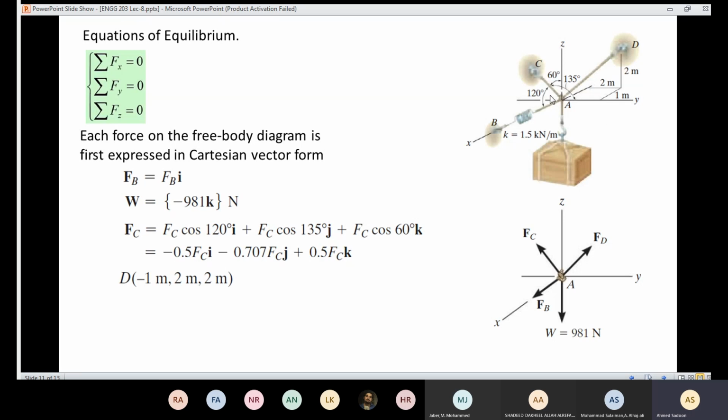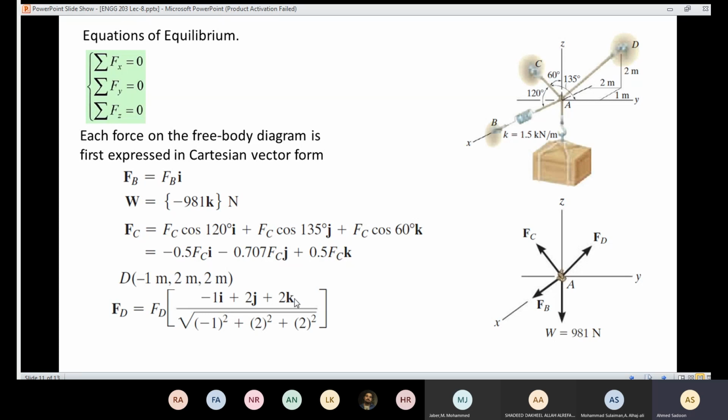So in order to express the force AD as a vector, I need to know the coordinates. The coordinates here are -1, 2, and 2. Then the position vector is -1i plus 2j plus 2k. I need to convert this to a unit vector. A unit vector is the position vector over its magnitude.